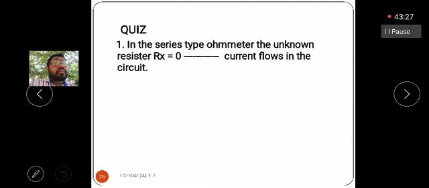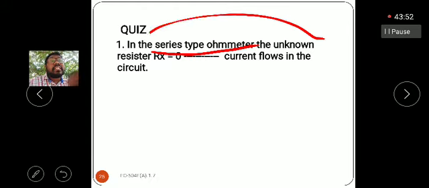Then we have this small quiz related to this particular topic. In a series type ohmmeter, the unknown resistance Rx is equal to 0.